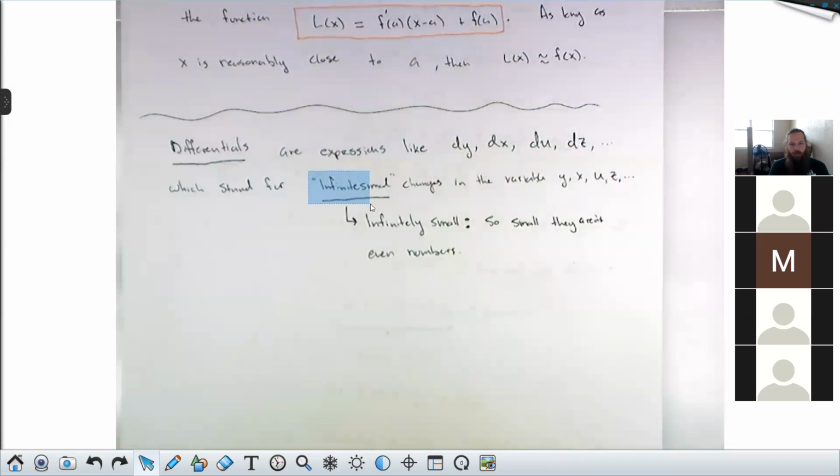So the word here is infinitesimal, which means infinitely small. So teeny, teeny, tiny changes in y, x, u, and z, respectively. This is how Newton thought about these things and how Leibniz thought about these things. But again, today we have a much more sophisticated way of thinking about these. We call them one-forms, differential forms, one-forms.